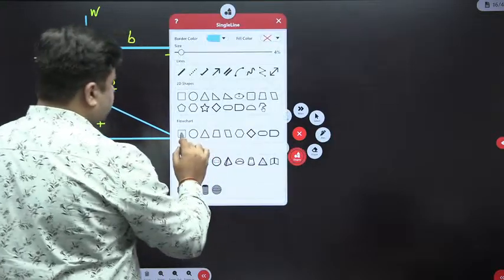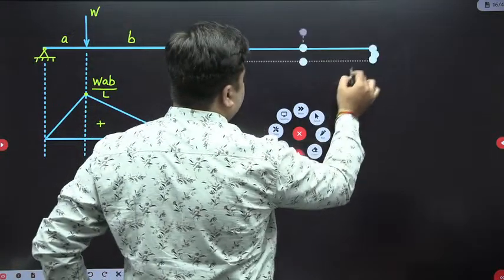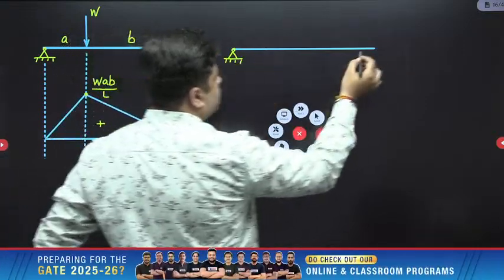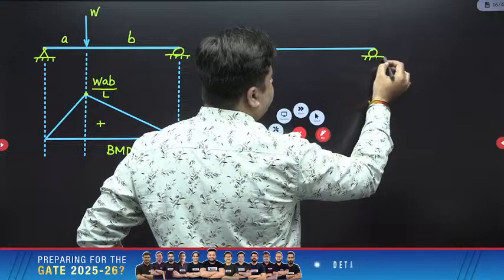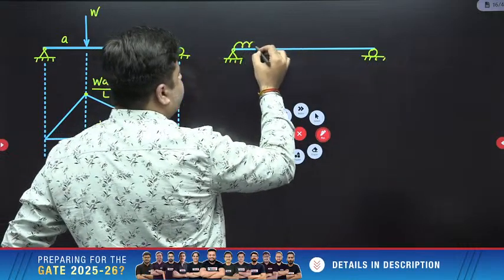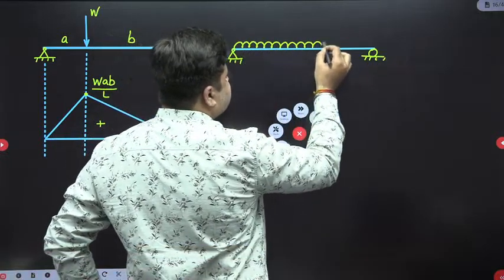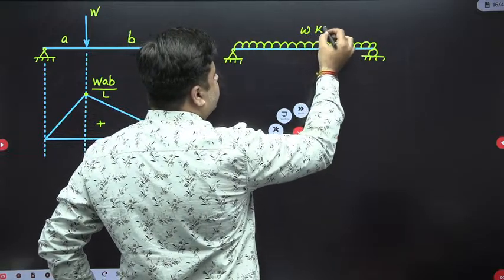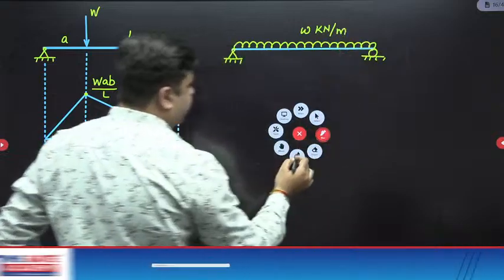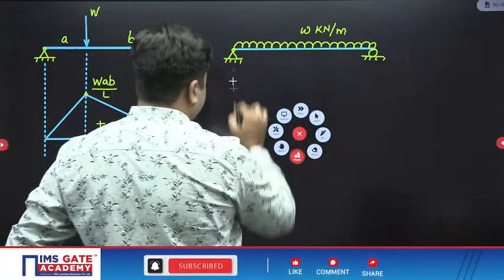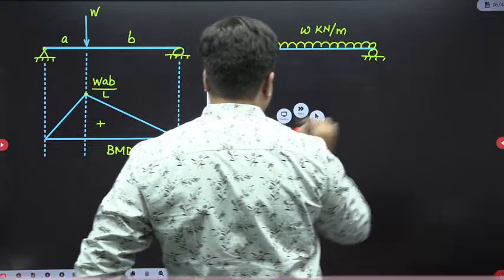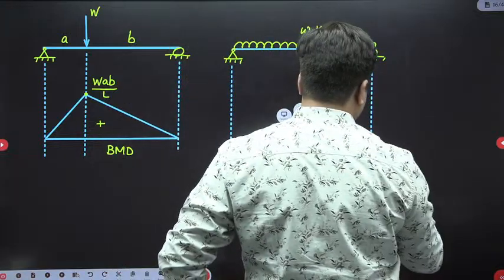Similarly, if you have a simply supported beam which is subjected to UDL like this, of intensity W kilonewton per meter, then the bending moment diagram will be parabolic like this.